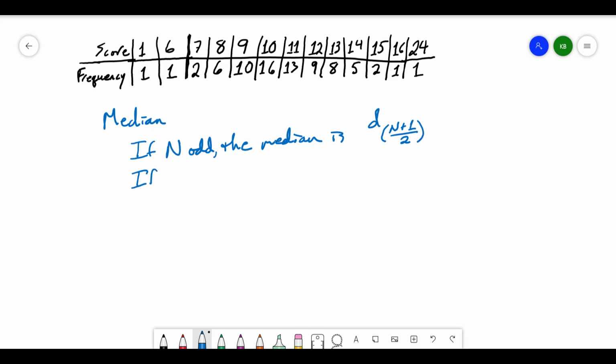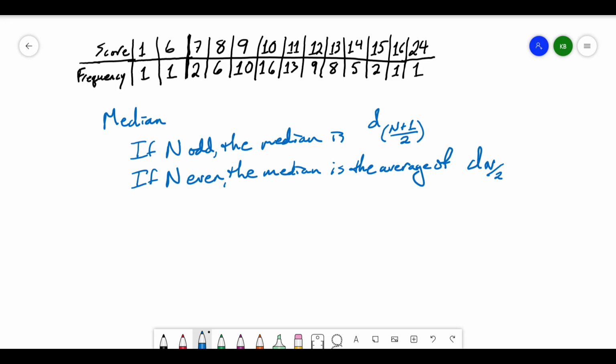Now, if n is even, the median is the average of my data point at position n divided by 2 and my data point at position n divided by 2 plus 1.